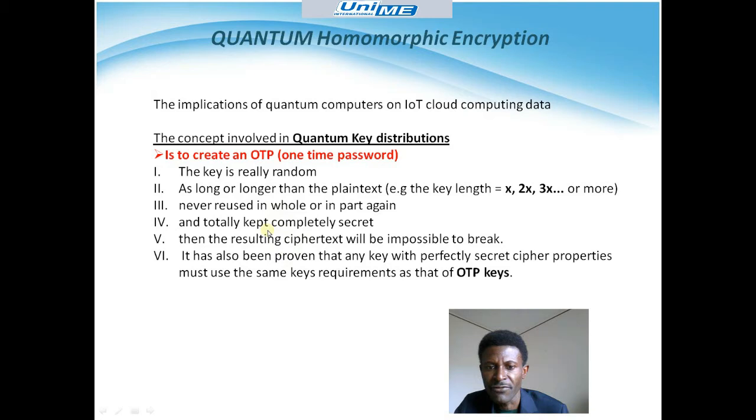It's part of the recommendation that the keys created must be kept secret and also hashed or encrypted themselves, which is the concept of quantum computing I am bringing into this IoT project, which a quantum computer can handle.